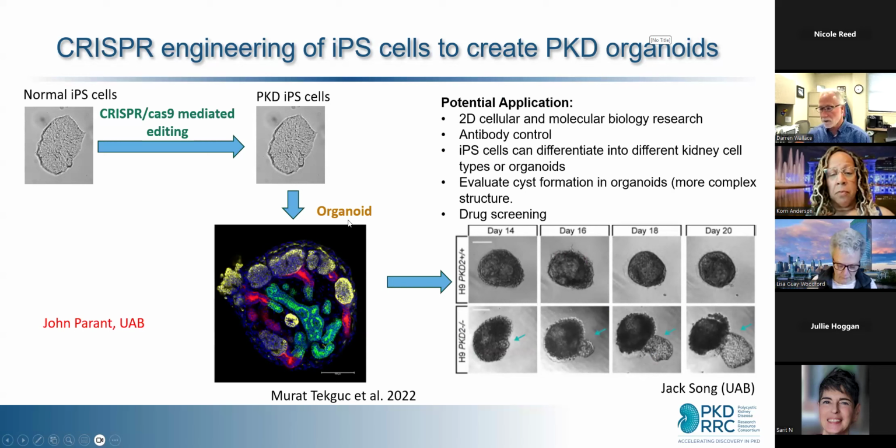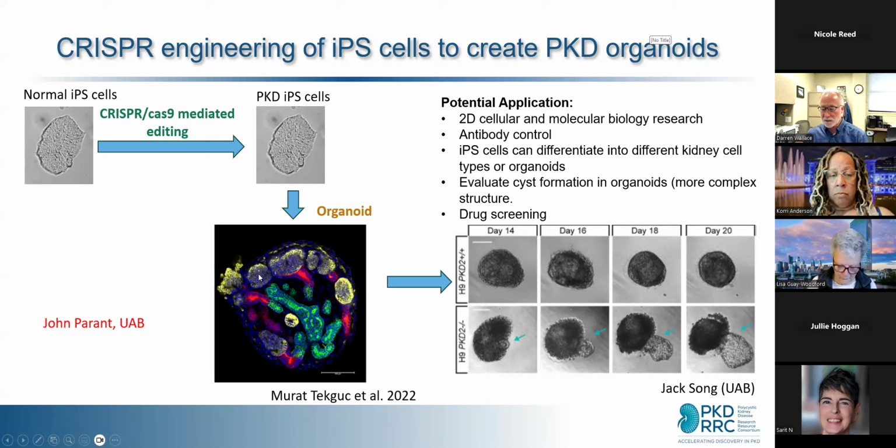So early on, when I was talking about some of the limitations of using in vitro assays, is that they don't fully represent the complexity of the in vivo situation, but these organoids are capable of forming a variety of different structures, different tubule types. They have similarities to glomeruli, interstitial cells.